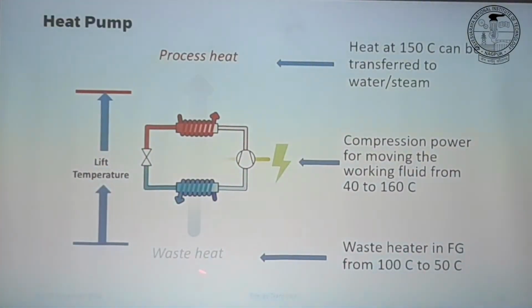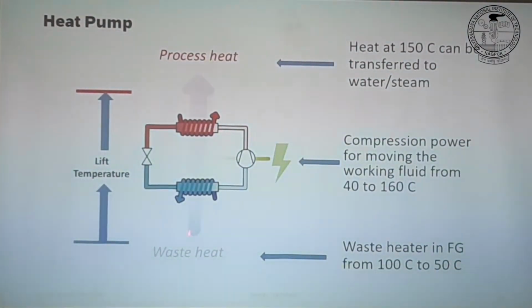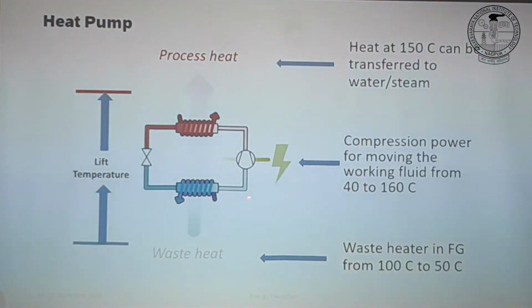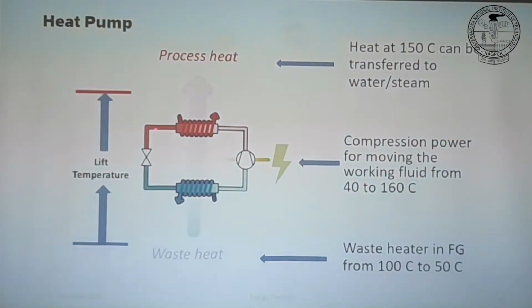What you do is heat up this organic fluid and cool down your flue gas from 100 to 50 degrees, right? And this organic fluid then goes to the compressor. You compress it. While compressing, your temperature is increased. So it was in liquid form here. You vaporize it, you compress it to high temperature, and it condenses at high temperature.